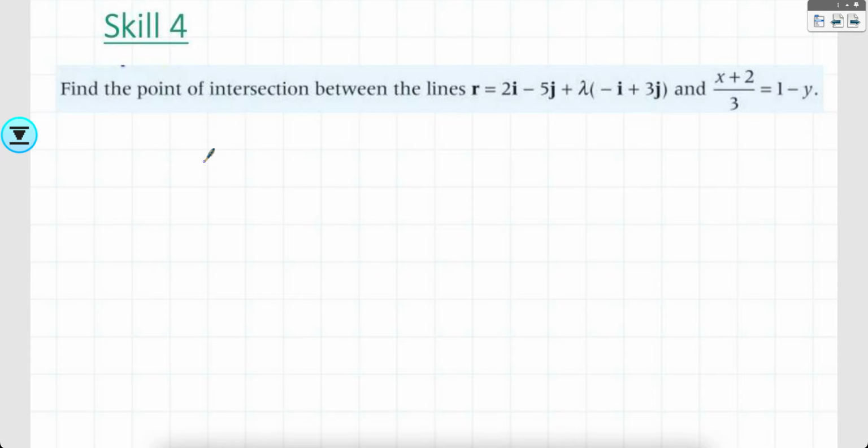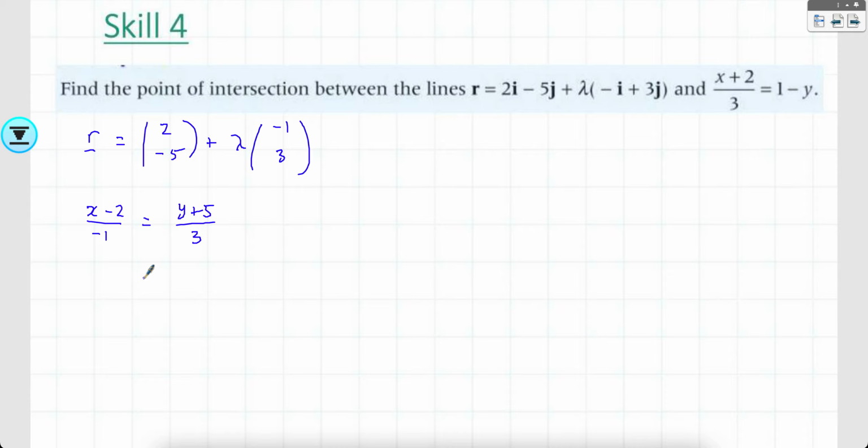What I'm going to do is write it in gradient intercept form and then do the normal intersection between them. So I know that r is (2, -5) plus lambda (-1, 3). If I write this in Cartesian form, it's going to give me (x - 2) over -1 equals (y + 5) over 3.